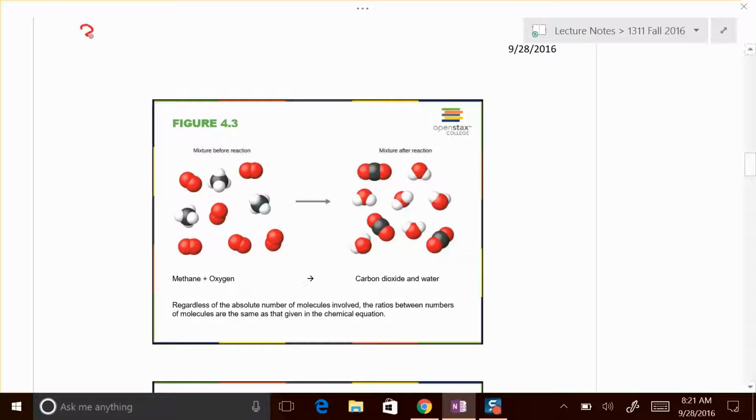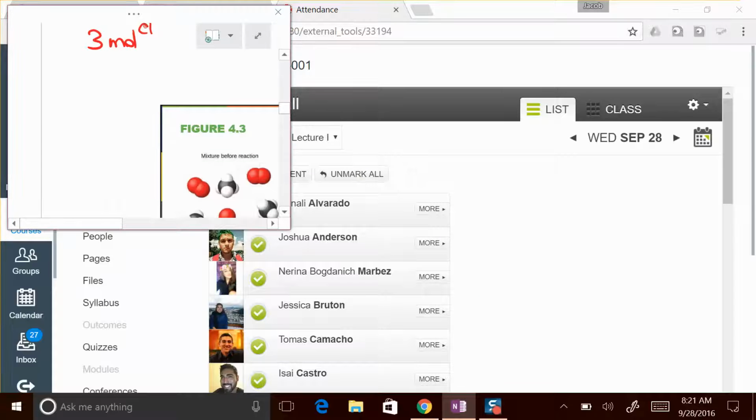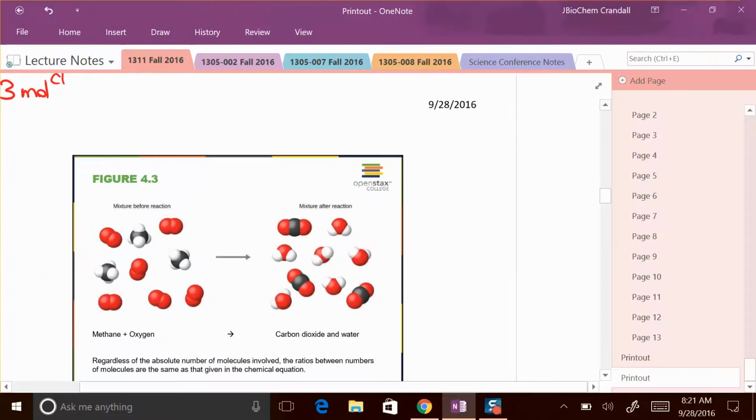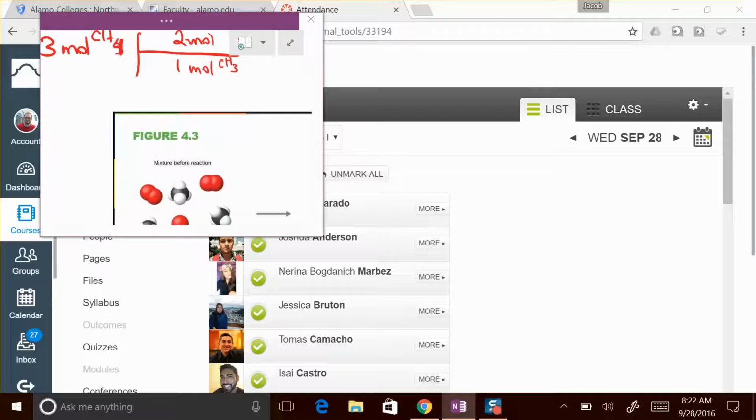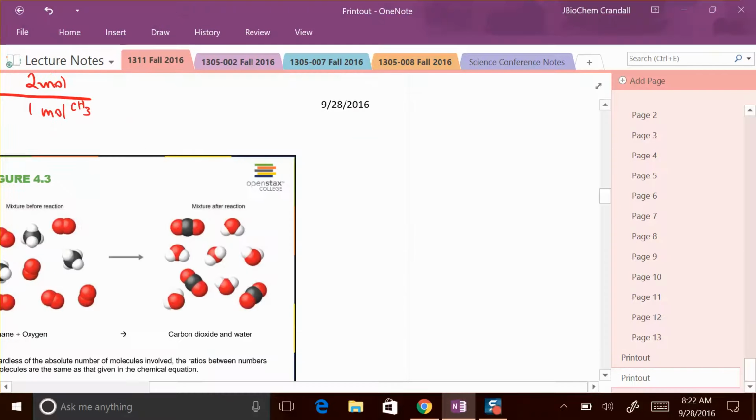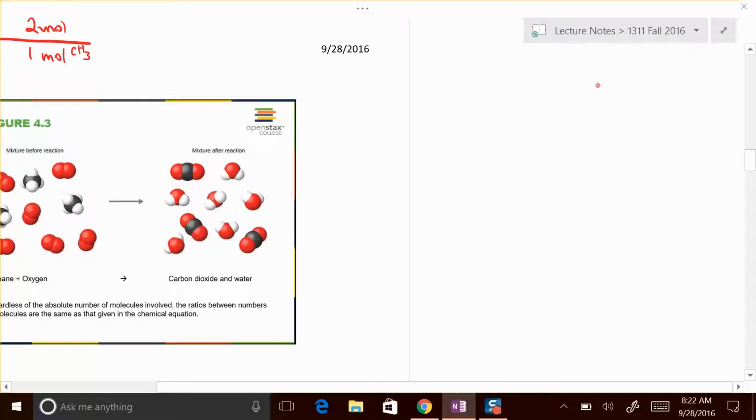Well, if I start out with 3 moles of methane, CH4, then based on the ratio, there are 2 moles of H2O produced for every 1 mole of methane.